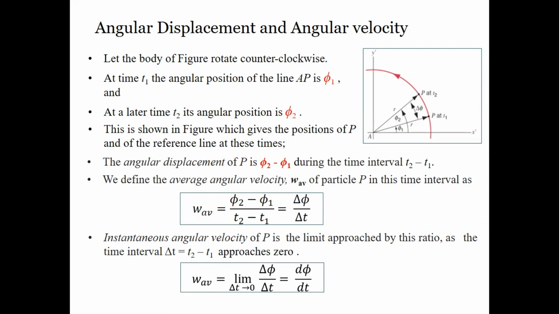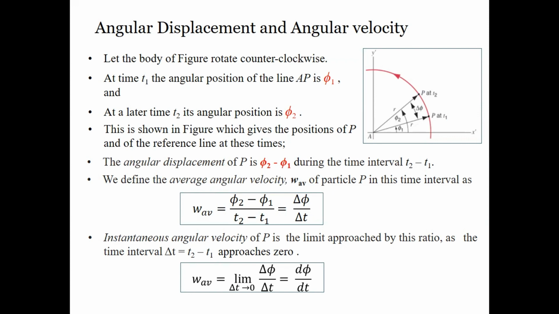Now we consider the instantaneous angular velocity. It is the velocity of the particle in the limit when delta t, t2 minus t1, goes to 0.